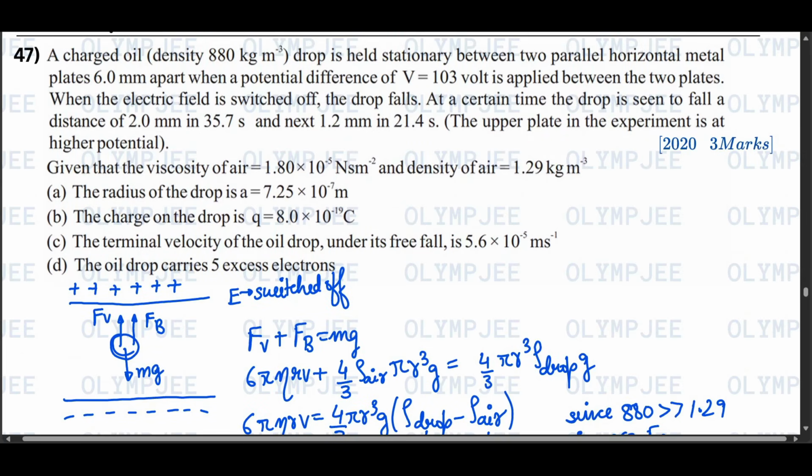So the drop is seen to fall a distance of 2 millimeter in 35.7 seconds.